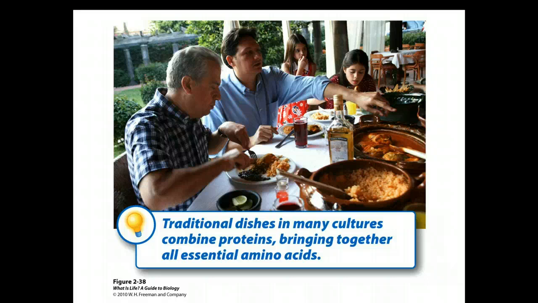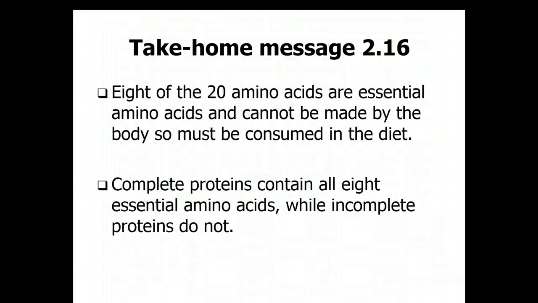Traditional dishes in many cultures combine proteins, bringing together all the essential amino acids, making sure that we include those in our diets. Eight of the 20 amino acids are essential, and I have a little ditty for that. Private PVT TIM HALL, Private Tim Hall, are the first letters of each of the 8 of those amino acids that we have to acquire in our diet.